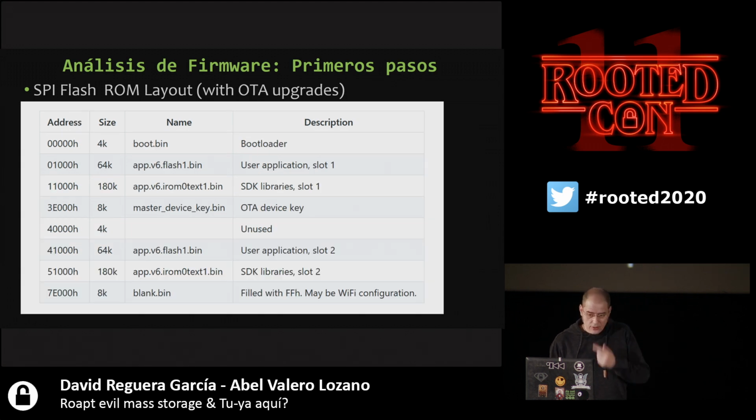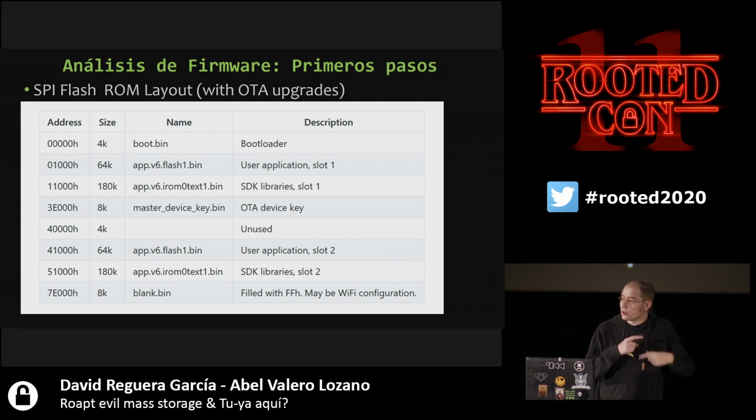And now we have the configuration when you use OTA, that is to say, when you allow upgrades. So that bootloader will boot the user application. When you want to upgrade the board, the bootloader will launch the application in slot 2, that is to say, the one flashing data, that will be recorded on slot 1.